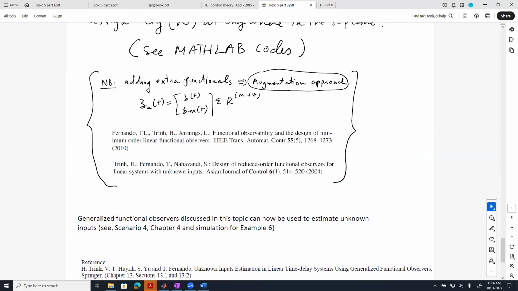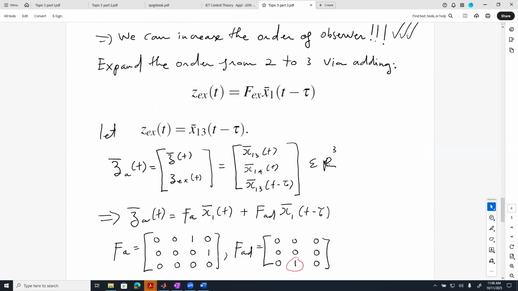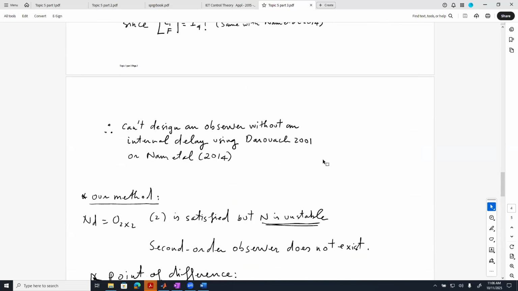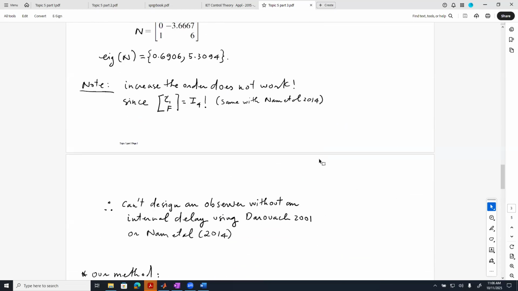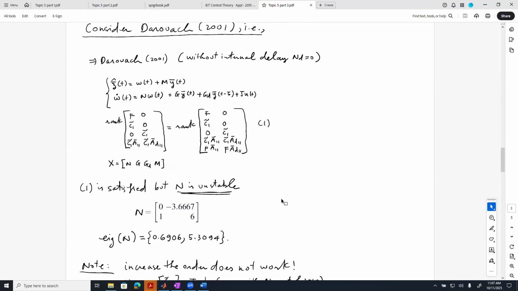The idea there is: if we can't have an observer of second order, then we might increase the order. We increase the order of the functional observer, and this is achieved by adding an additional functional.